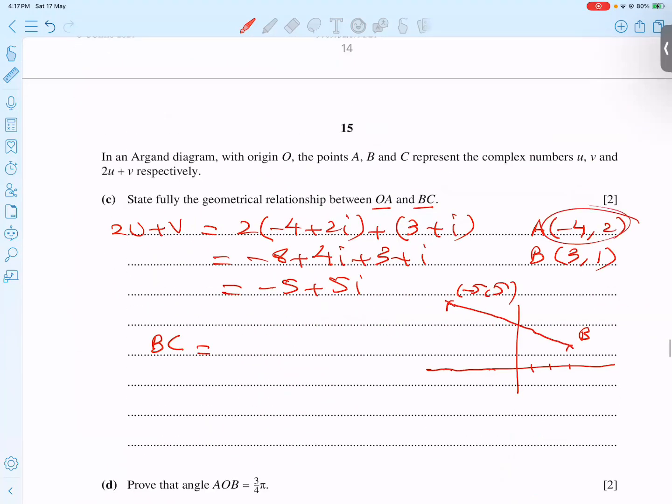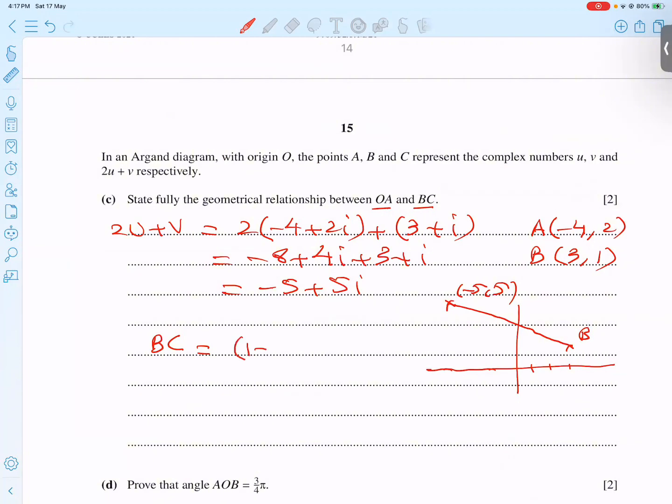So (-4, 2). First of all, I will find the distance of BC. I apply the distance formula: y2 minus y1 whole square, and x2 minus x1 whole square.